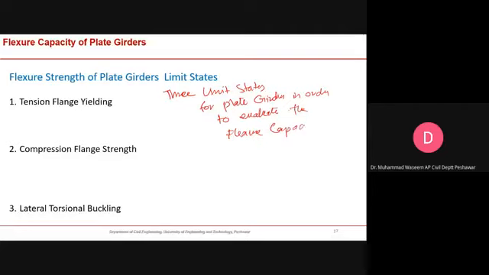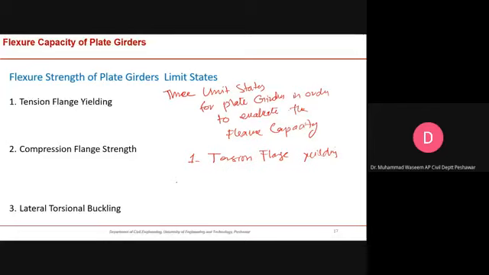What are those three limit states? The first one is the tension flange yielding. This is the first limit state.